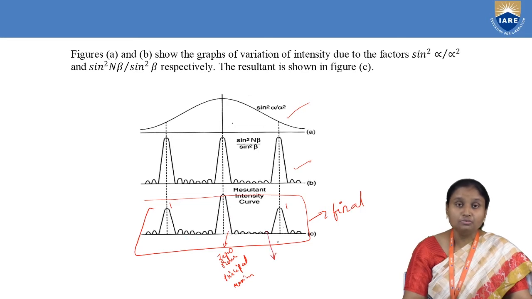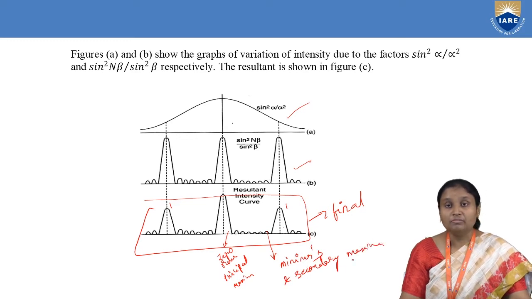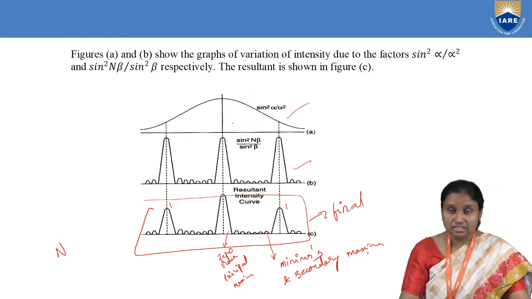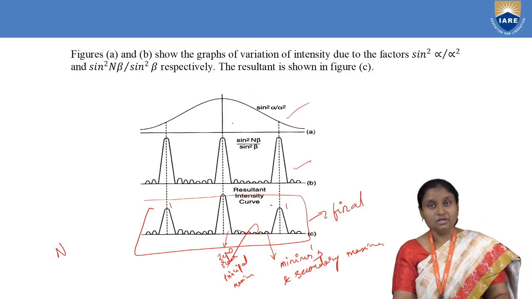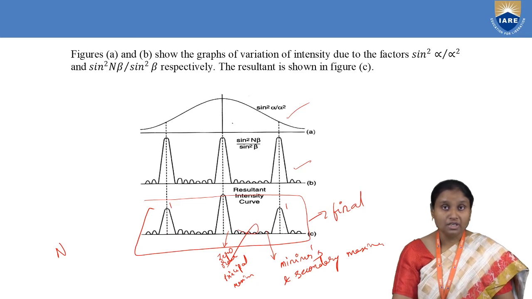In between two adjacent principal maxima, I have minimas as well as secondary maximas: n minus 1 minimas and n minus 2 secondary maximas. If your n is very, very large, these secondary maximas will not be visible. Whatever pattern you are getting is only because of the principal maximas. So this is about the Fraunhofer diffraction due to n slits.